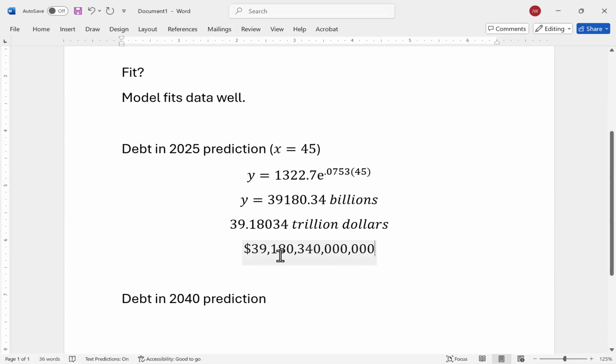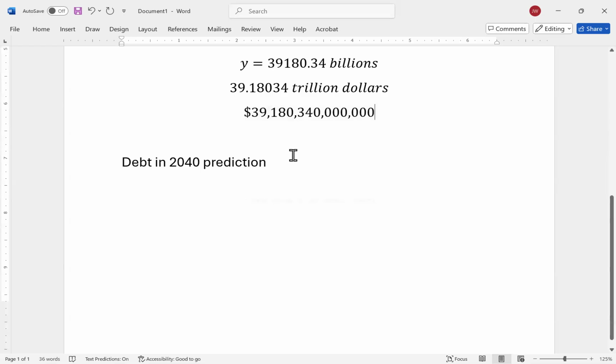We can do the same thing for the debt in 2040. That prediction, if this keeps up, now remember, X is years since 1980. Therefore, 2040 is 60 years since 1980.